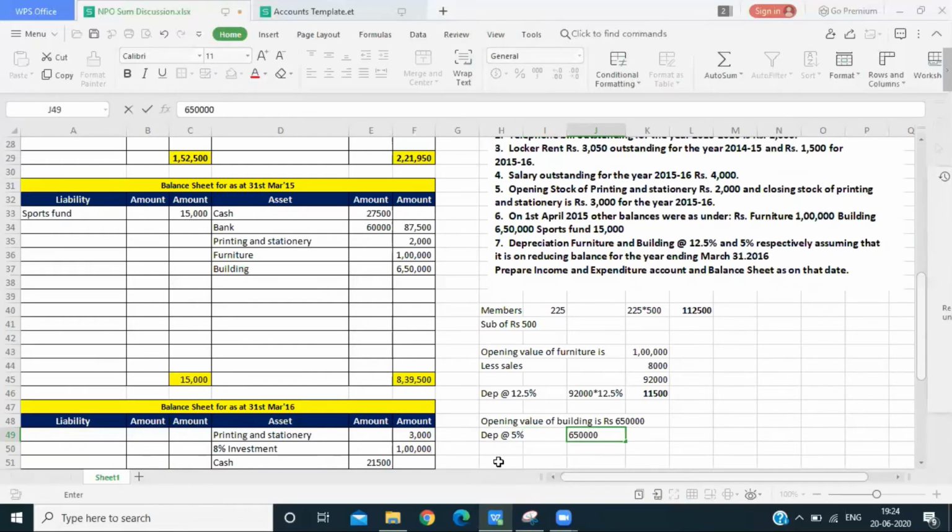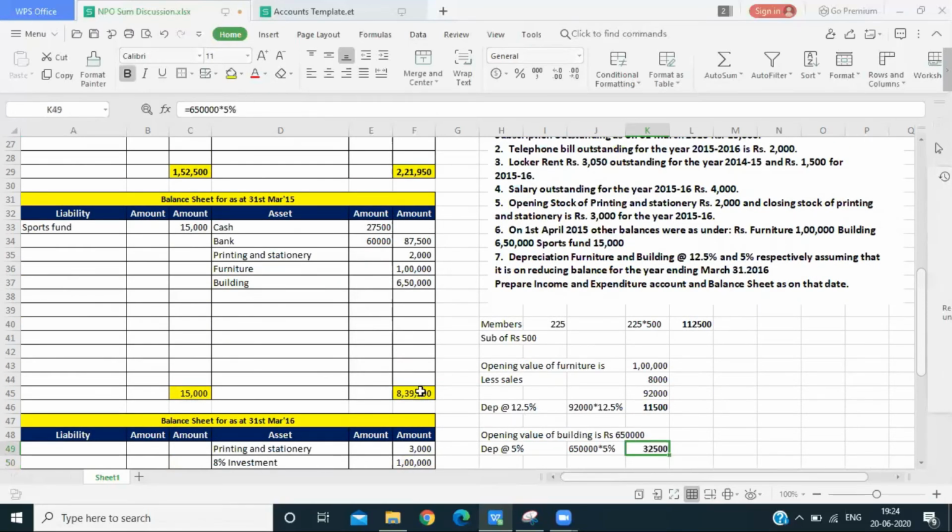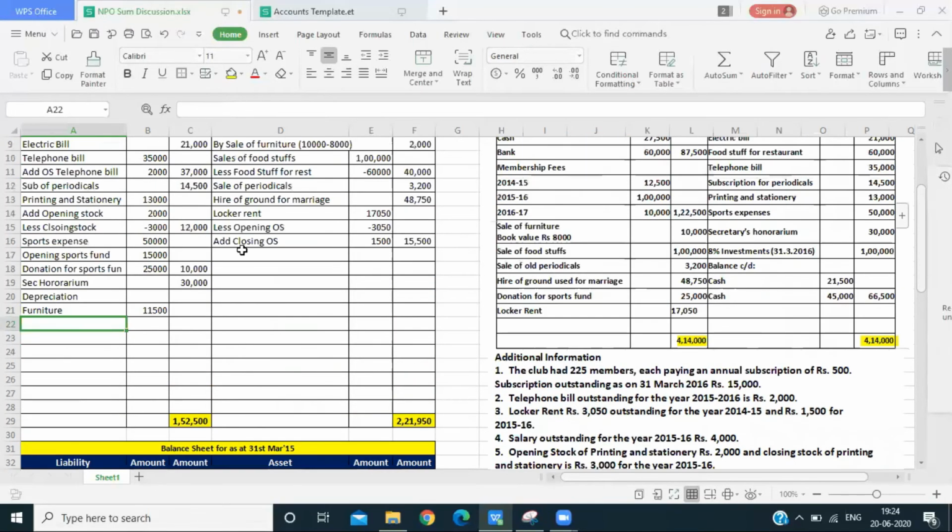For building, the depreciation percentage is 5 percentage. So 6,50,000 into 5 percentage will be 32,500. So for building, the depreciation is 32,500. So in total, the total value of depreciation will be 44,000.